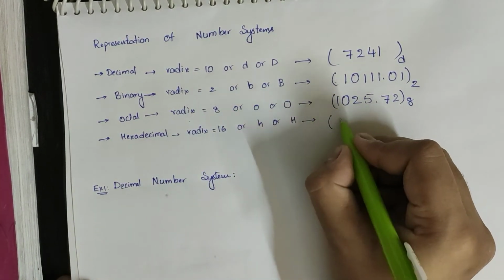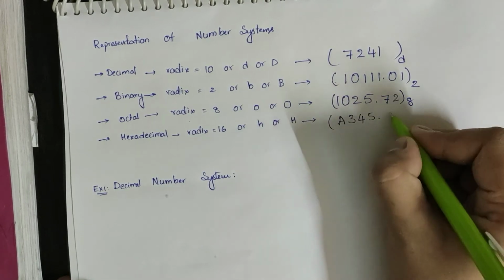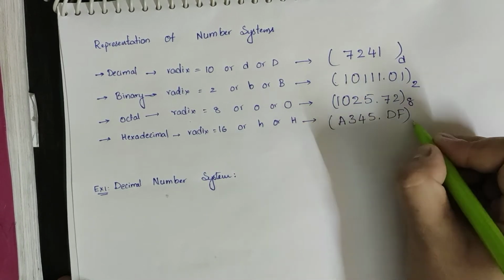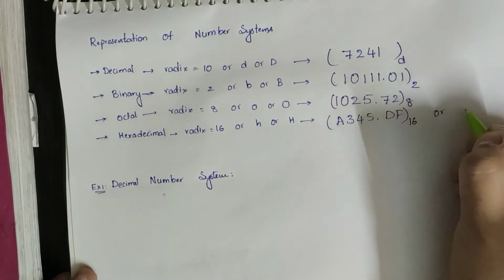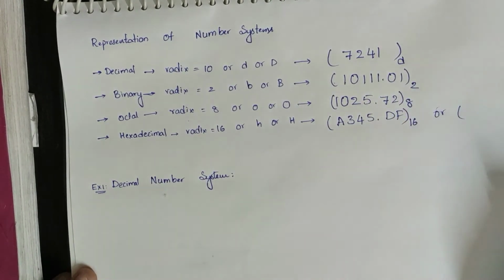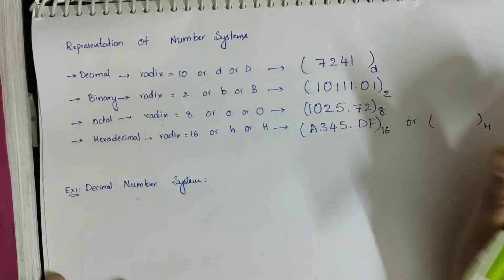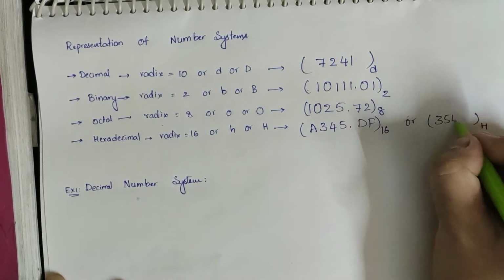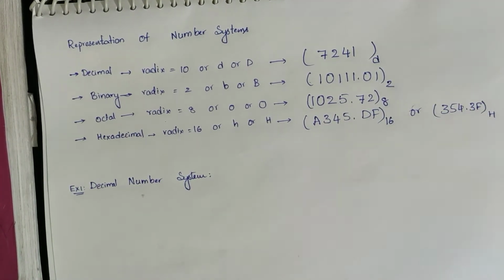So any number like this, A345.DF of base 16. This is how we will represent. I'm going to give another example for the hexadecimal number system of base 16: 354.3F. Fine. That is how we'll represent.